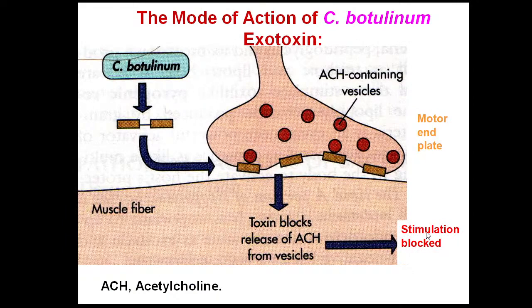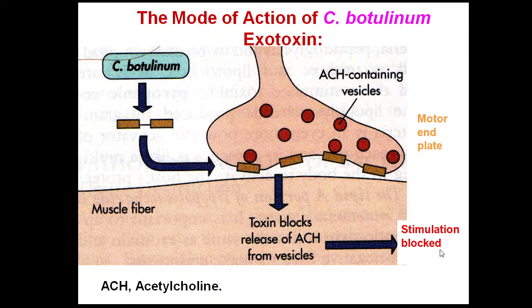And a counterpart of the tetanospasmin is the exotoxin of Clostridium botulinum. So when botulinum toxin is produced, it prevents the release of acetylcholine from acetylcholine-containing vesicles, right? As soon as acetylcholine is not released, the receptors are not occupied on the motor end plate, right? And then stimulation of the muscles is blocked.